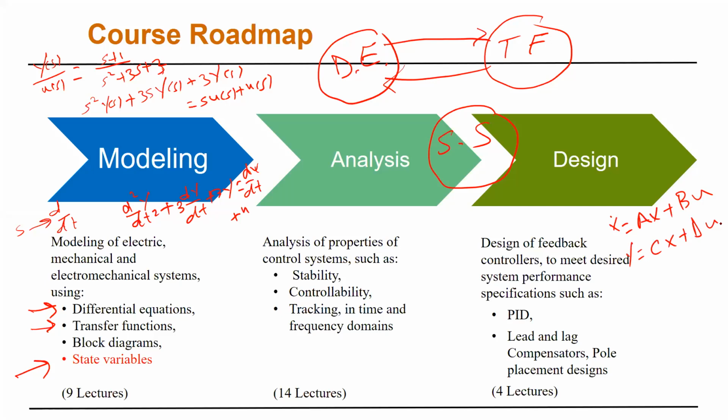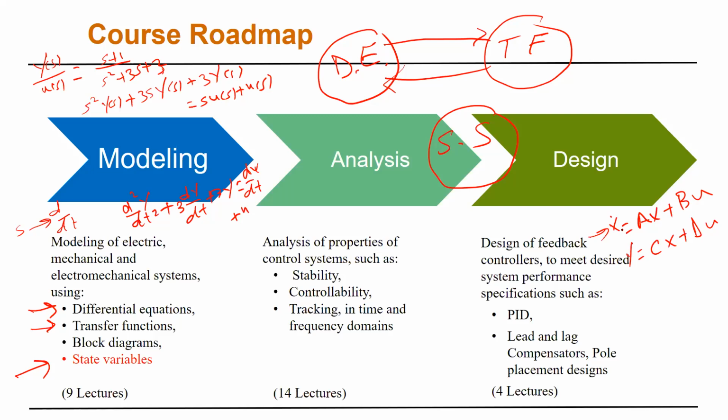This is my model. In this model, A is a matrix, and if I have a second order system, I will have x1 dot and x2 dot.